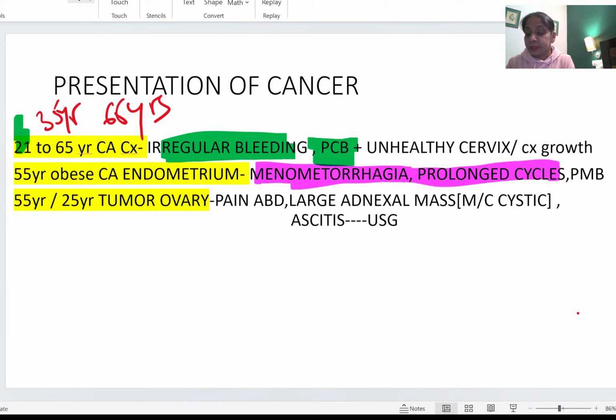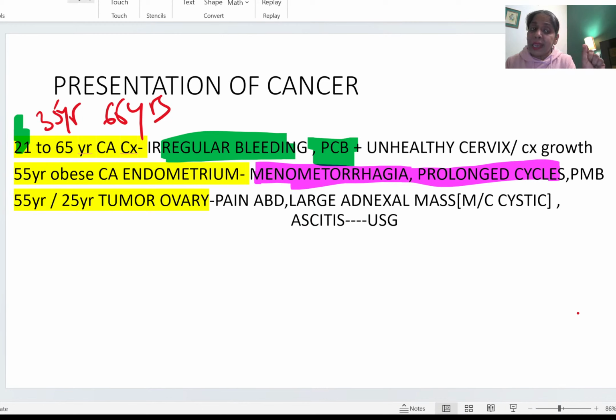Be active. Now, the third cancer is tumor ovary. When I talk about ovarian tumors, I am using the word tumor ovary, I am not using the word cancer ovary. Why?